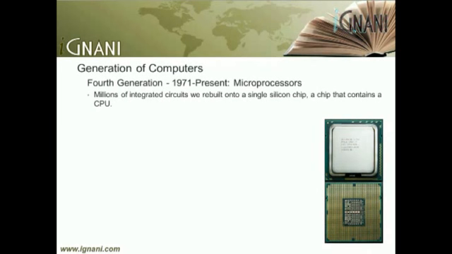Ultra-large-scale integration, ULSI, increased that number into the millions. The ability to fit so much onto an area about half the size of a US dime helped diminish the size and price of computers. It also increased their power, efficiency and reliability.